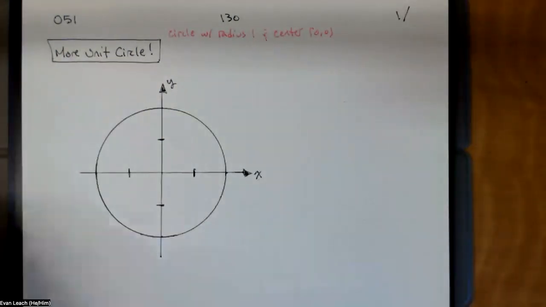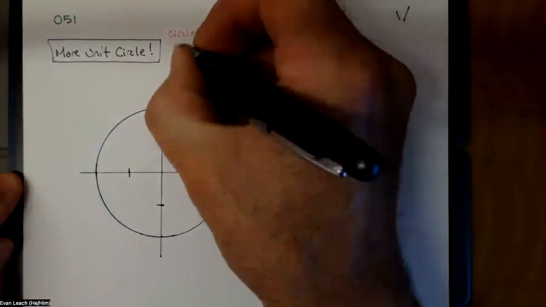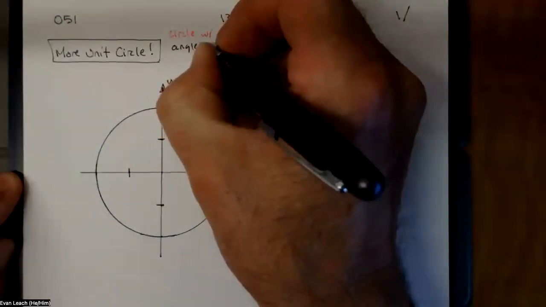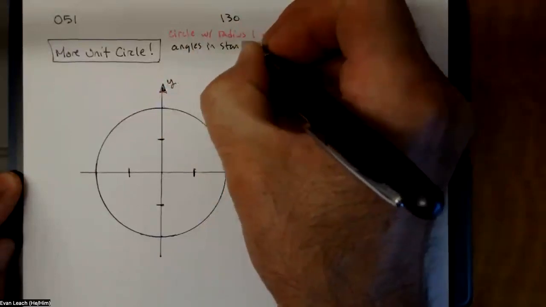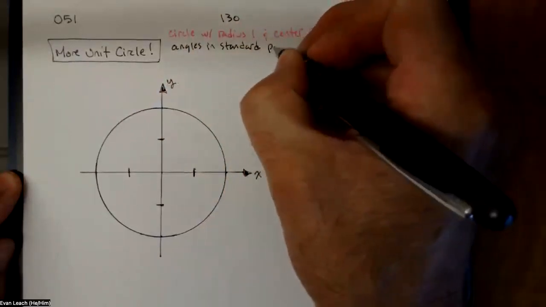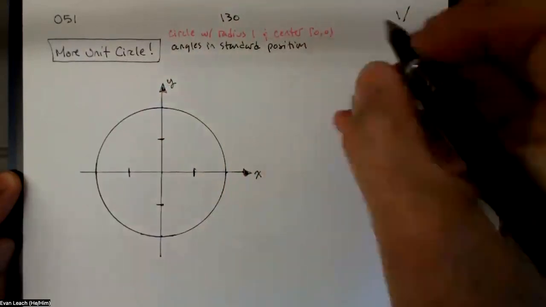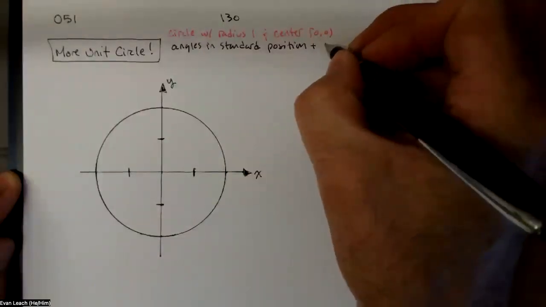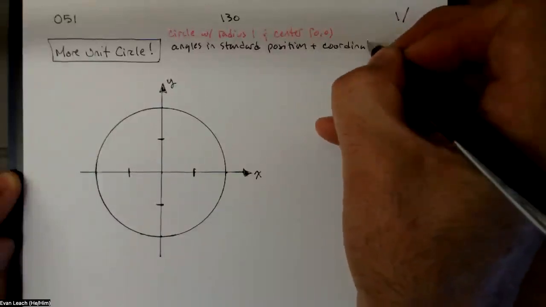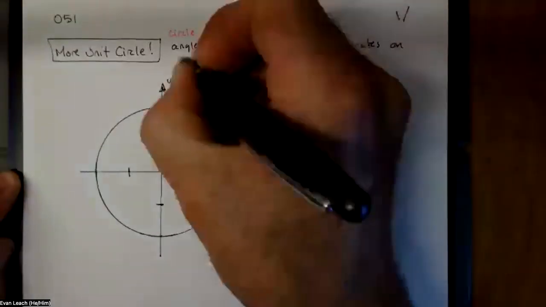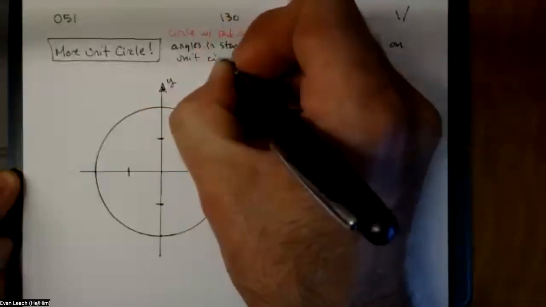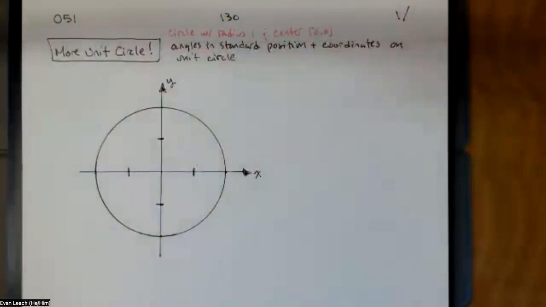I want to know angles in standard position and coordinates on the unit circle for the quadrant angles and anything with a 30, 45, or 60 degree reference angle.